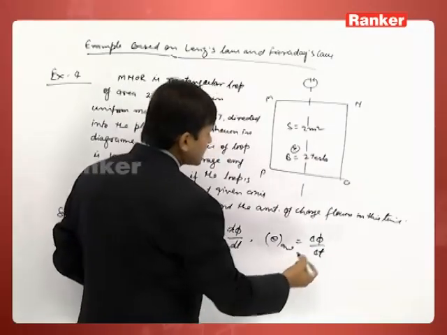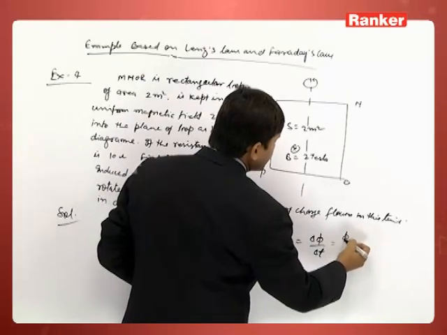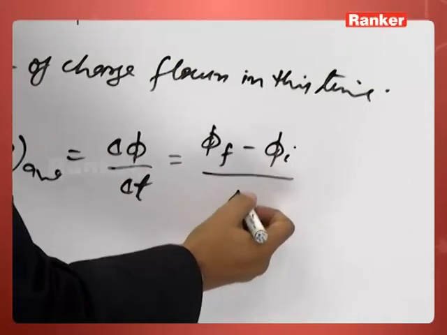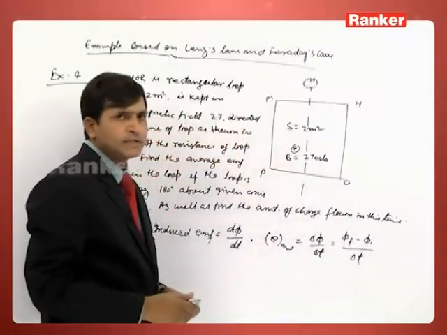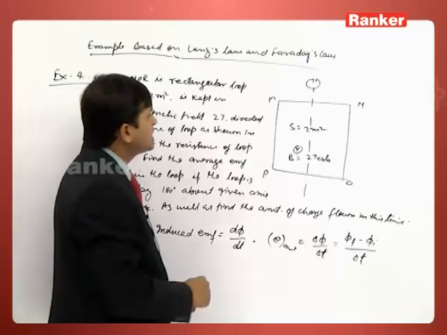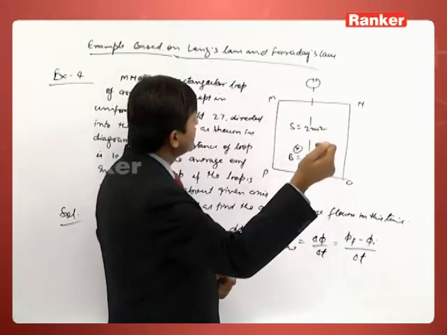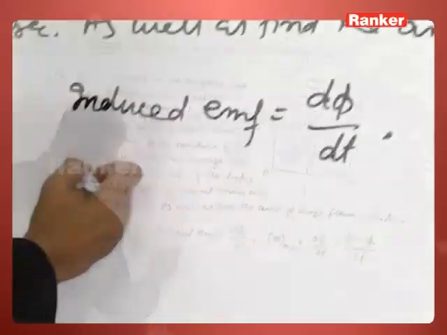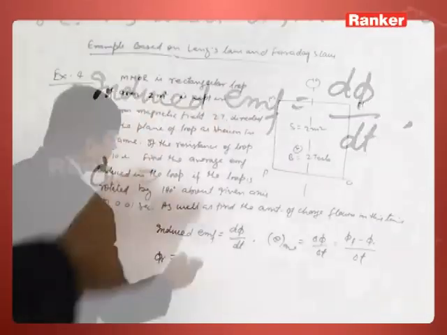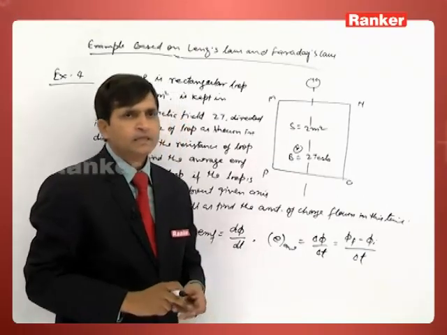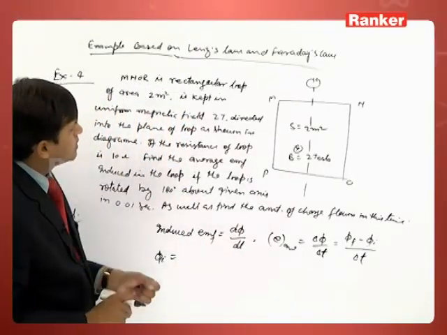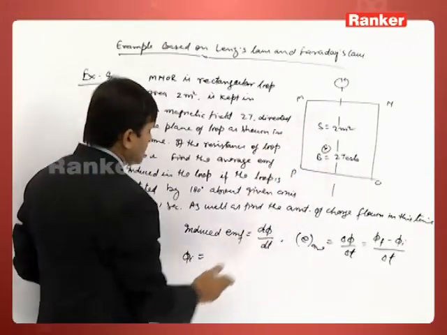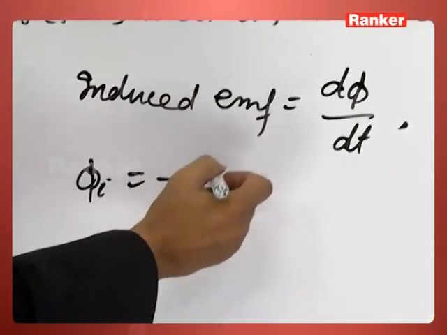So delta phi is final flux minus initial flux. Initially the area vector is this side and the magnetic field is inward, so the angle between them is 180, and cos 180 is negative. So the initial flux is 2 into 2, 4, with a minus: minus 4 Weber.